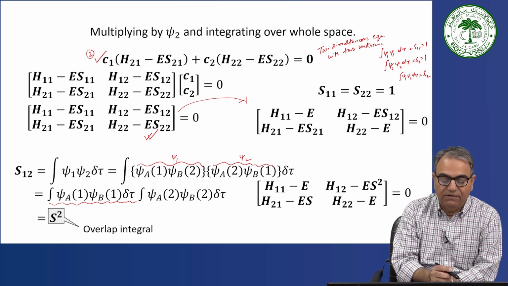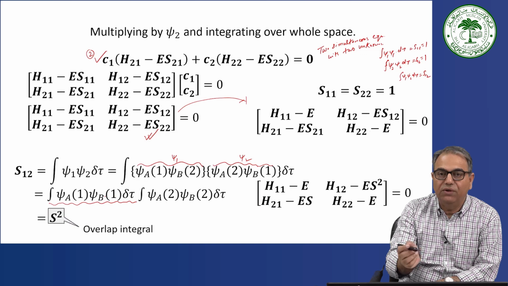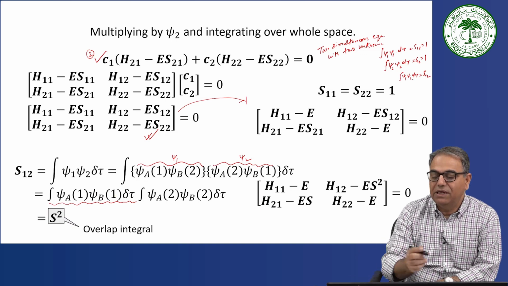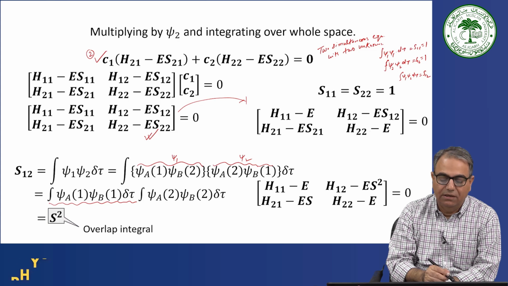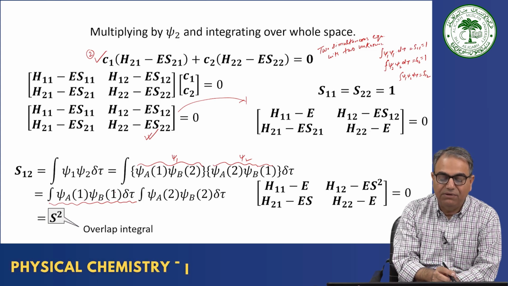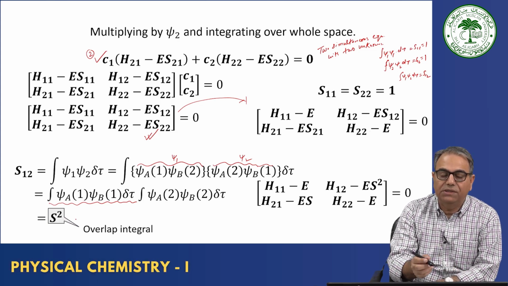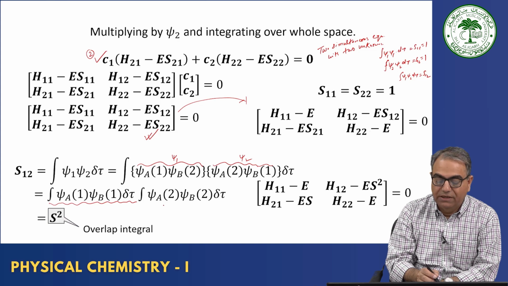And so if the wave functions belong to two different systems, then ∫psi1 psi2 dτ will not be equal to 0, and it will not fulfill the orthogonality condition. Here also you have psi A2 psi B2 dτ, so they belong to two different systems, and so it will not be equal to 0, and it will not fulfill the orthogonality condition.